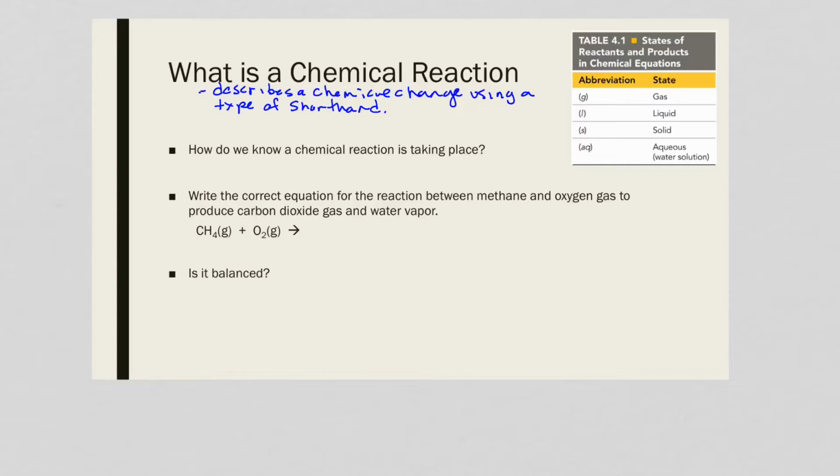Now, we're going to talk about some of the ideas that we use to convey this shorthand and some of the information that we need to understand to do that.